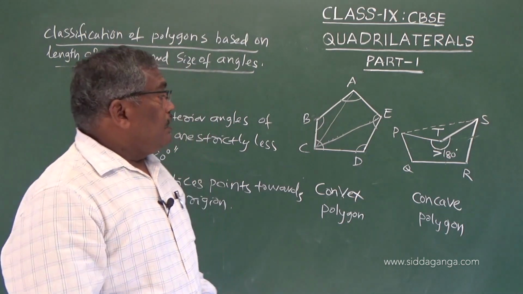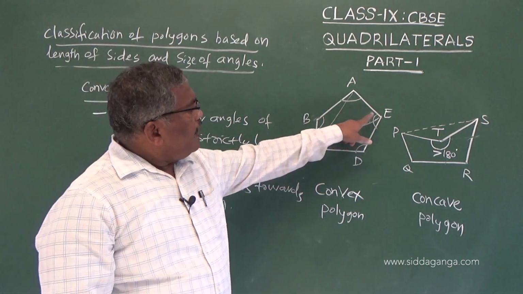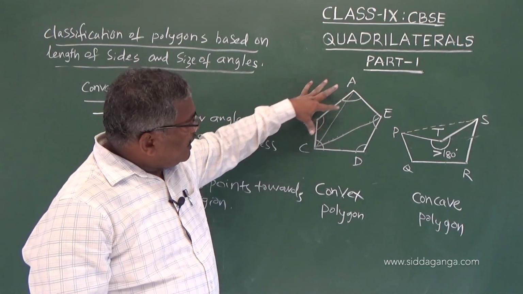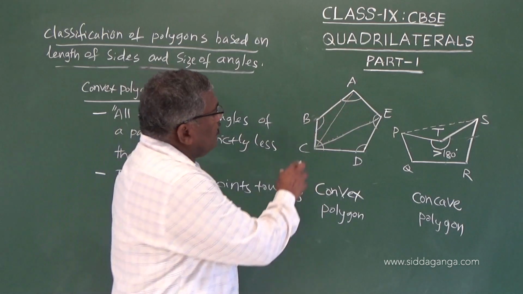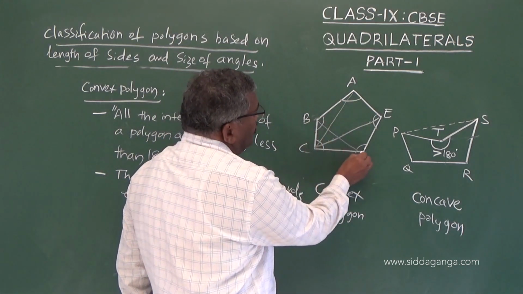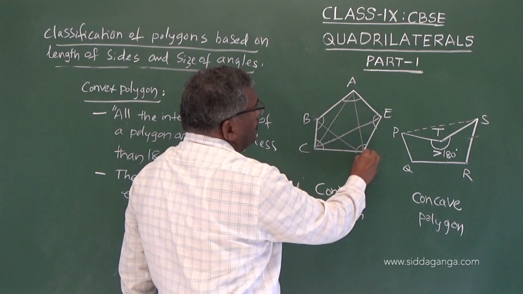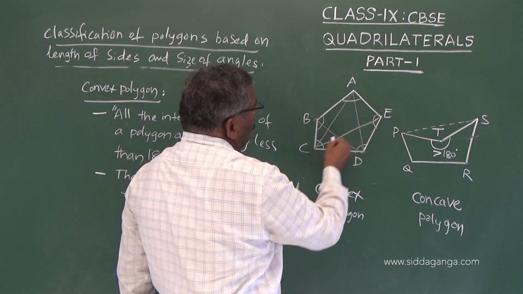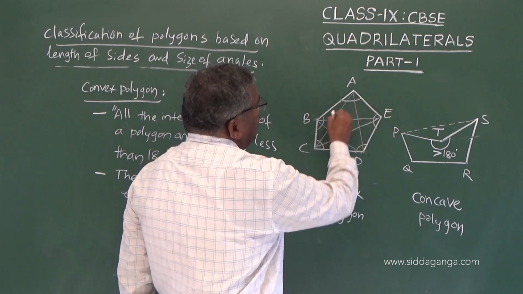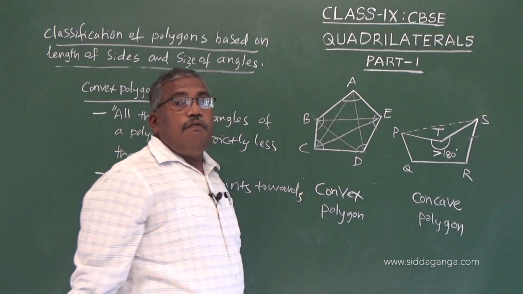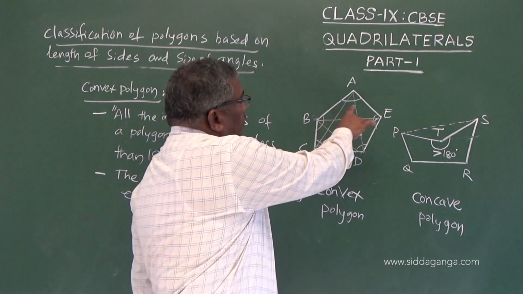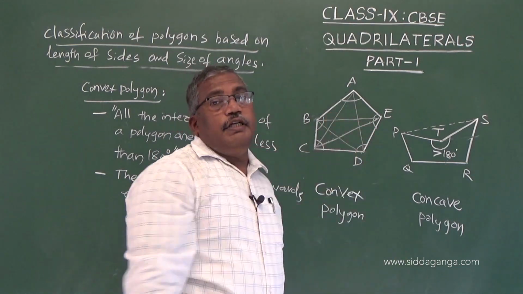And the third point you can remember: if you draw any diagonal, not only from C, but from D to B, from E to C, from E to B, any diagonal you draw, the entire length of the diagonal is well within the interior region.